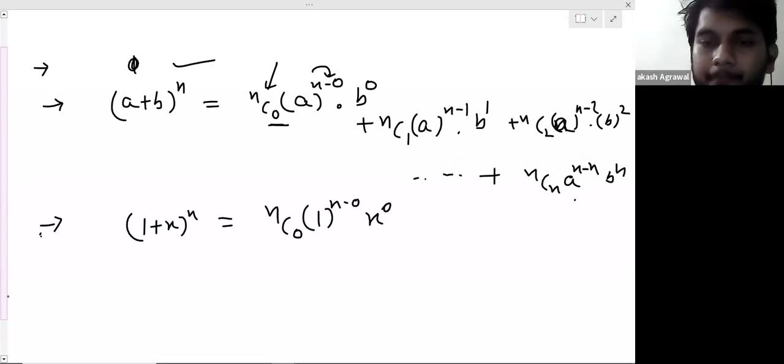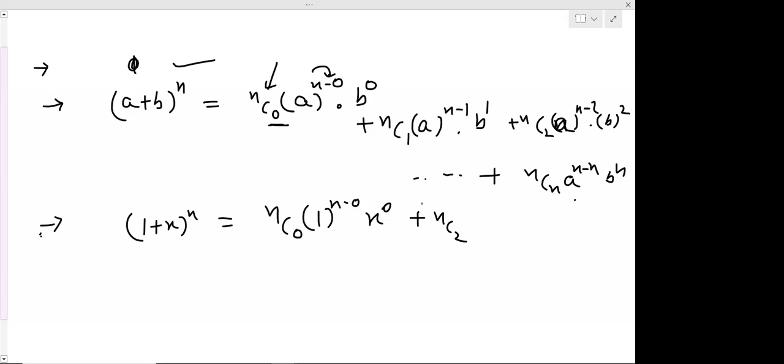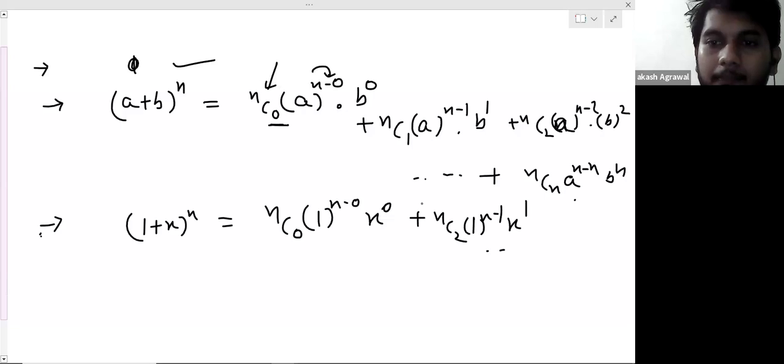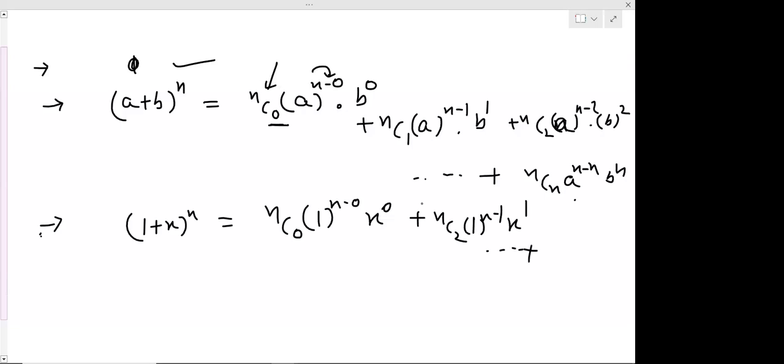Then plus nC1, 1 raised to n minus 1, x raised to 1. Right, last term nCn, 1 raised to n minus n, x raised to n.